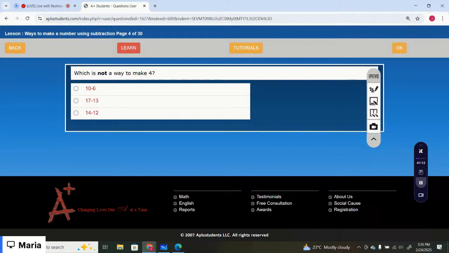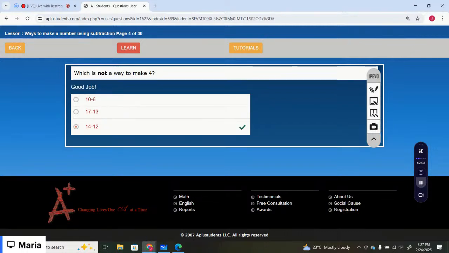Which is not a way to make 4? Option number 3 is the correct option.